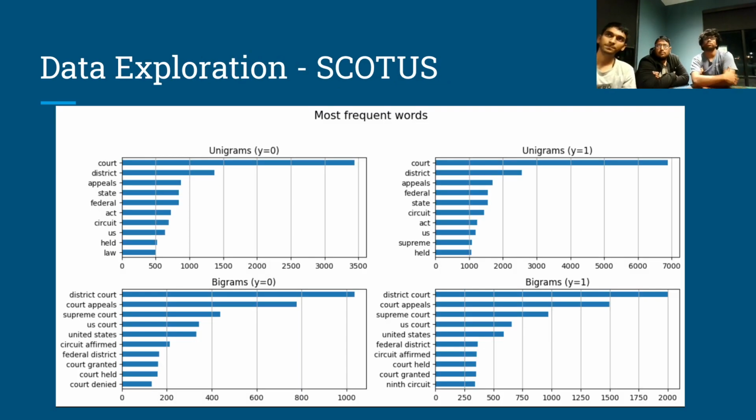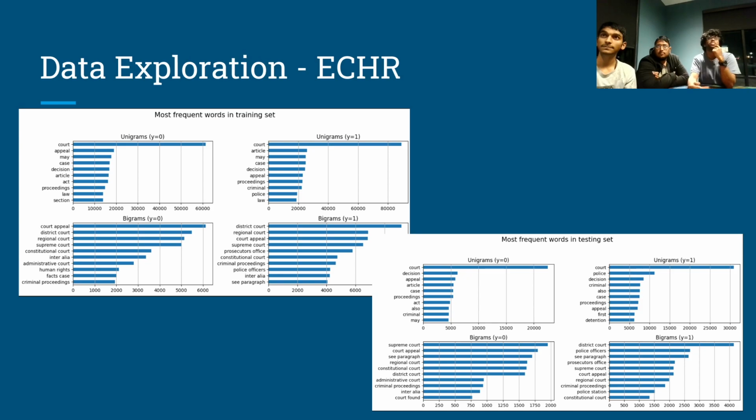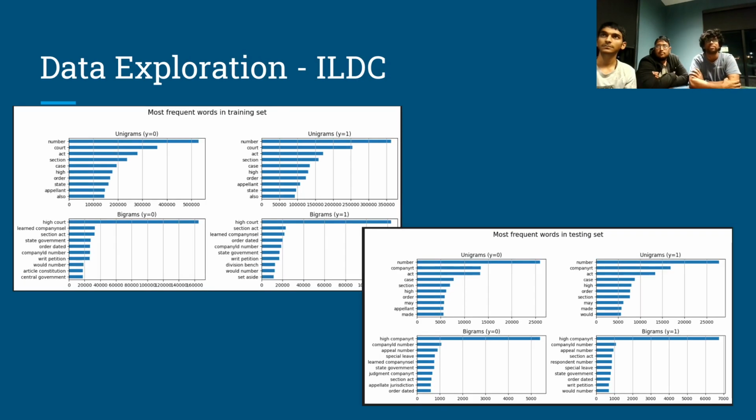So when we explored the data, we found a good distribution of the words in their frequencies. In this SCOTUS data set, you can see that the most commonly used words are court, district, and appeals. If you look at the other data sets, like the example of the ECHR data set, you can see that there are similar words, but there are more nuanced words also that you can see distributed among the training data and the testing data.